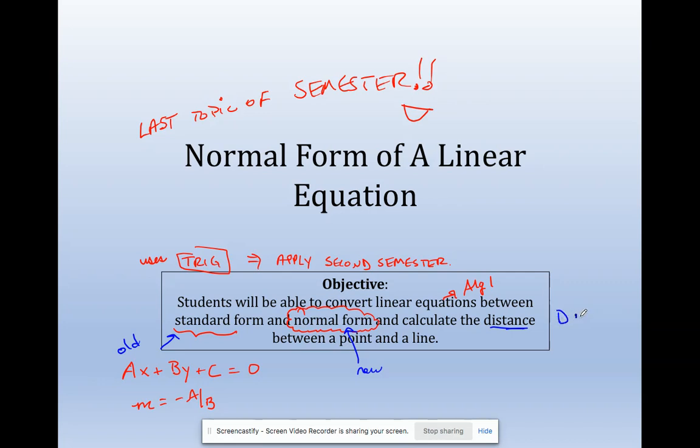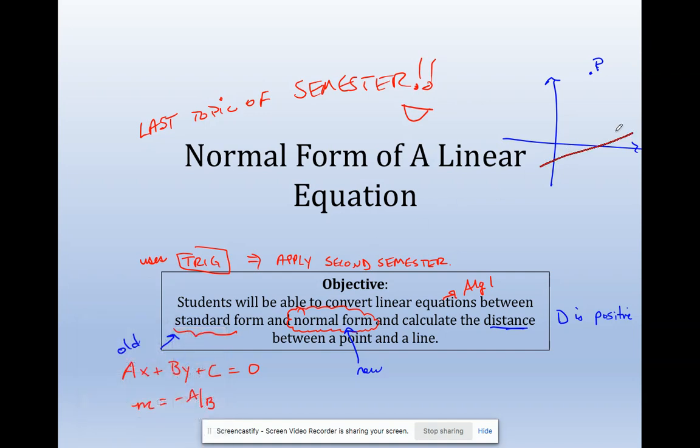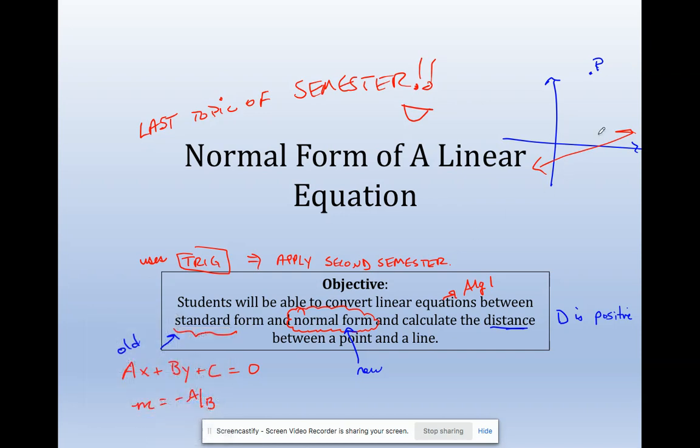And distance is positive, certainly, between a point and a line. So for instance, I have some random point P here, and maybe I have some random line here. What is the distance? And remember, distance is defined to be shortest distance. What is the distance between that point and this line?